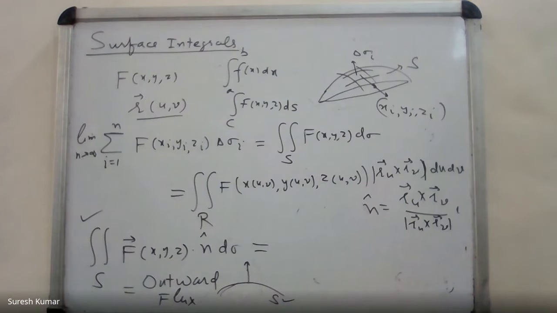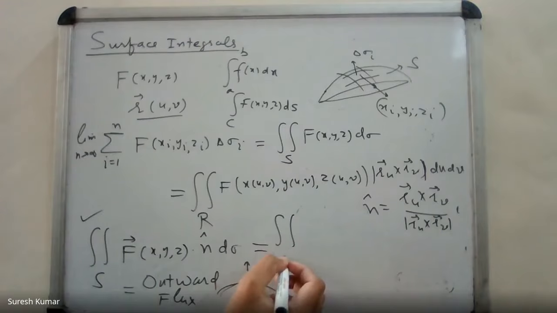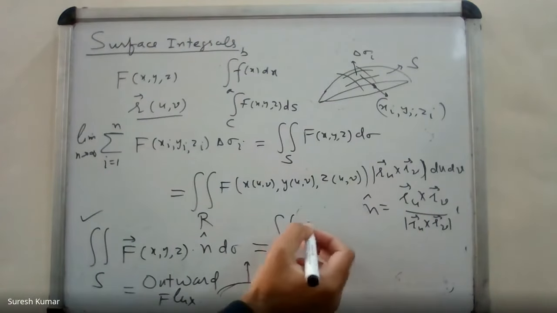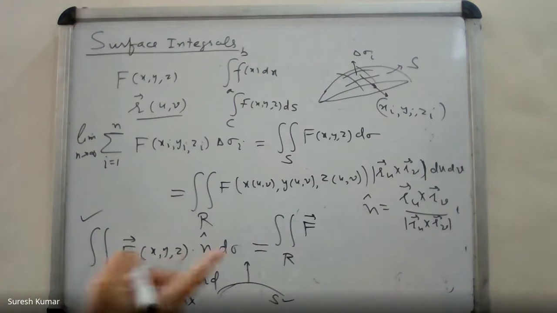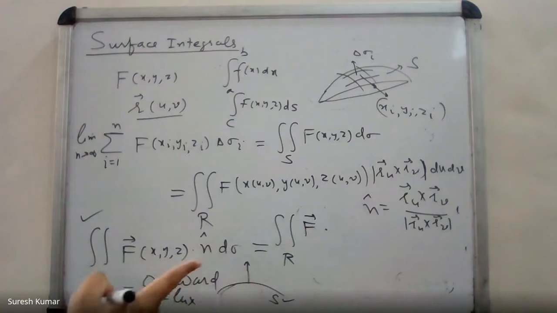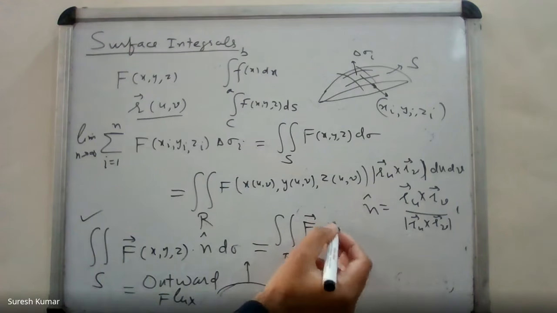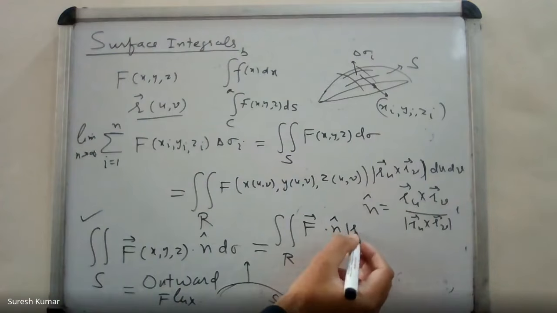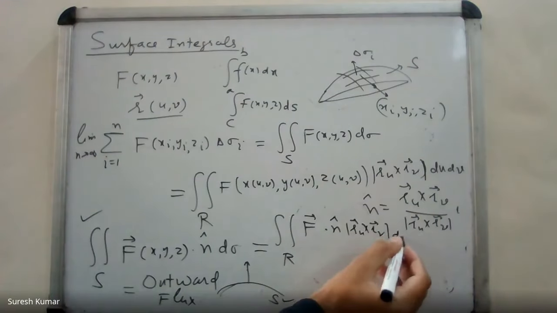So if you do so and change everything in terms of u and v, then what do you get? F naturally changes to a function of u and v. I'm interested in knowing what happens here. n cap is this. What is this sigma? This sigma is the magnitude of r_u cross r_v, du dv.